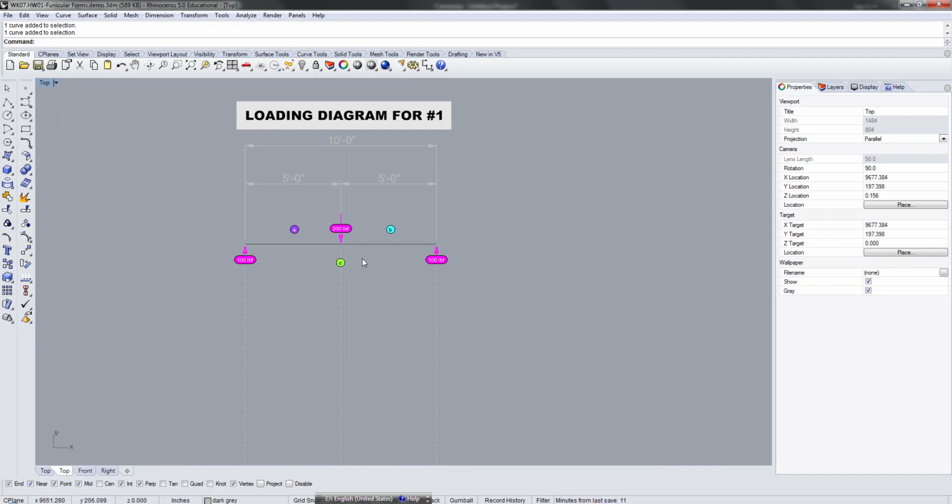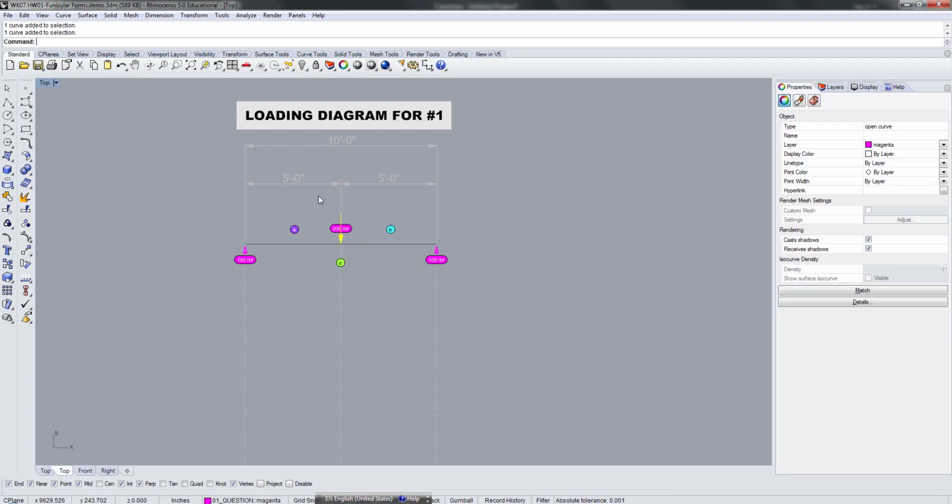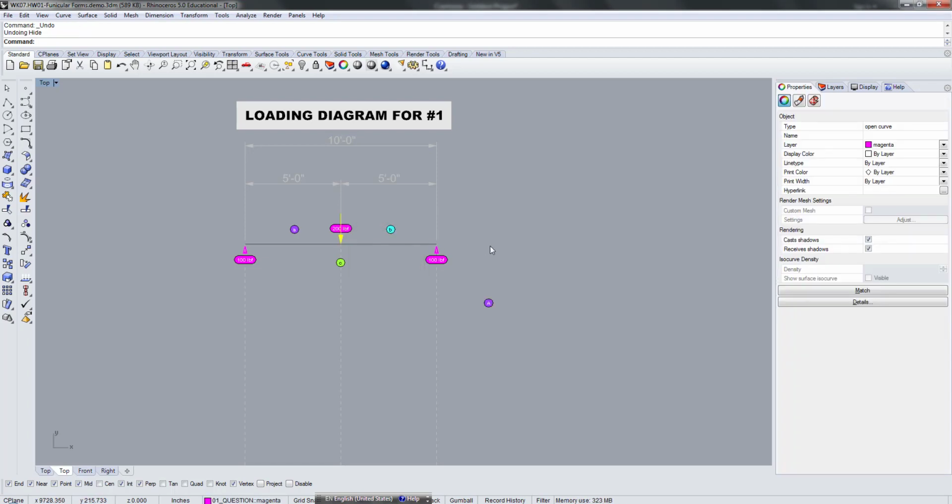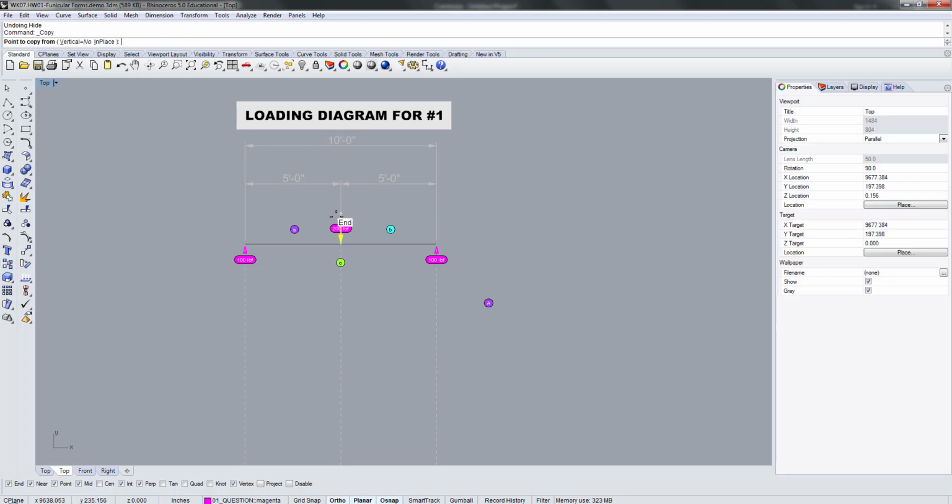As always, we have to start a force diagram based on this loading diagram. So we start by mapping the forces on the loading diagram. We'll start by mapping this vertical force, and we will call it AB.